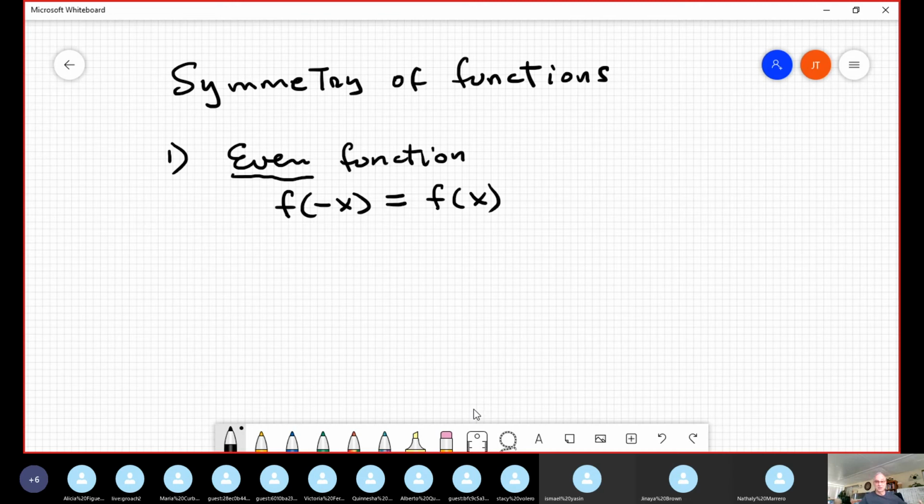And this is even. And when it's even, it's because the function is symmetric. This is symmetry, no? With respect to the y-axis.